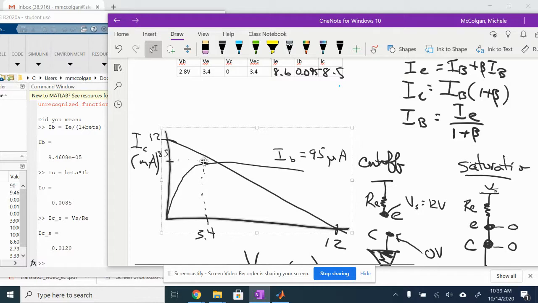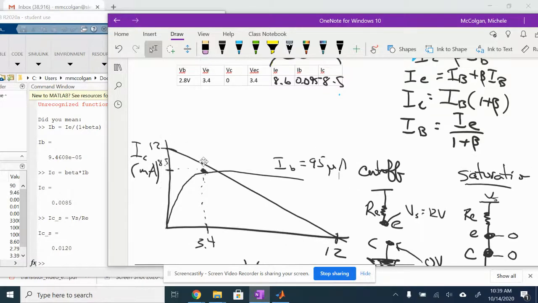I probably want it right on the load line. So let's see if I can fix this a little bit. Let me move my position just a little bit.